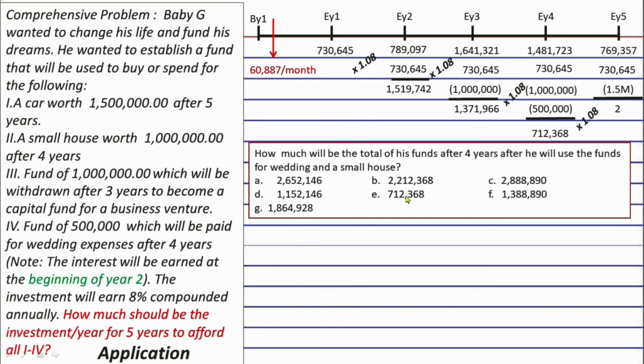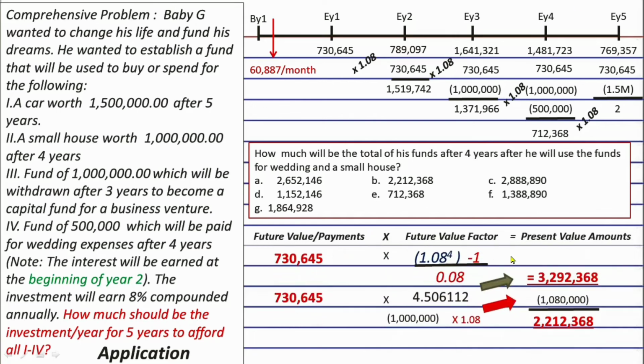Now, again, if we will not rely on the timeline, the solution is basically the same with the solution that I presented in question number 4, except you will need to deduct from here the withdrawal of 1.5 million, this 500,000 and this 1 million for the house and the wedding fund. And we will get already 712,368, which is the same with this one. And that is letter E in the choices.